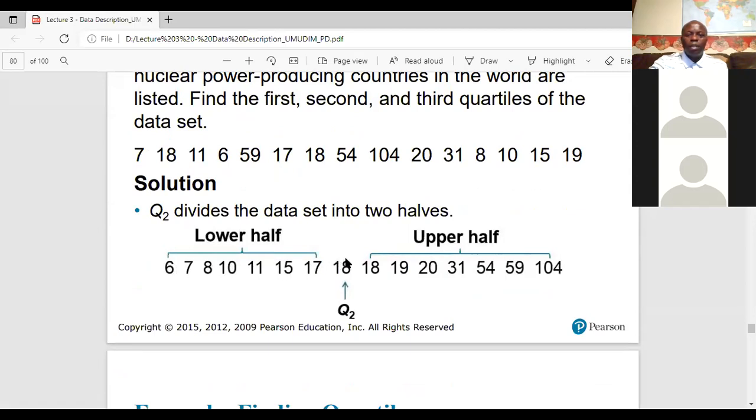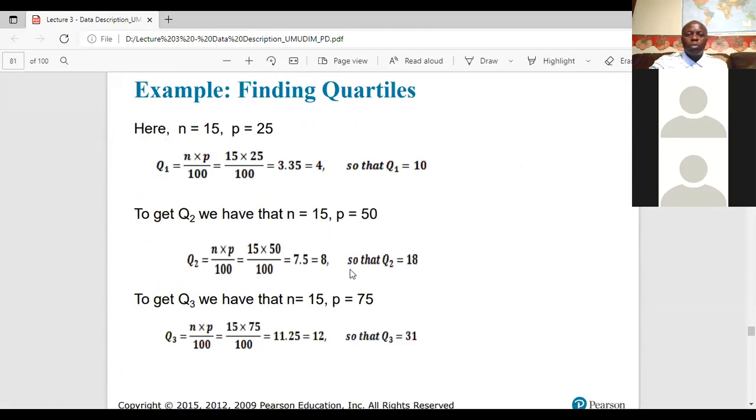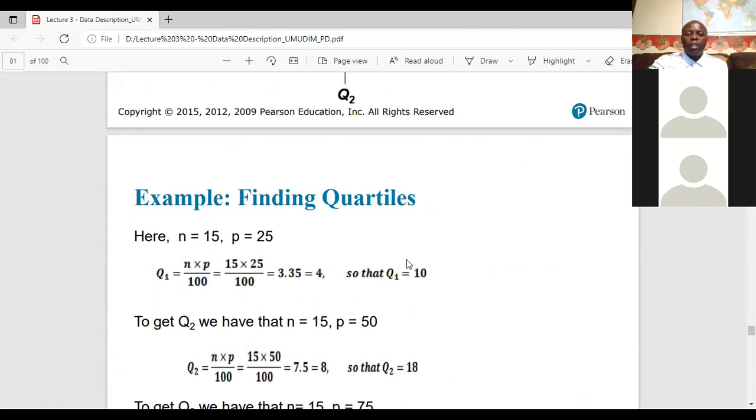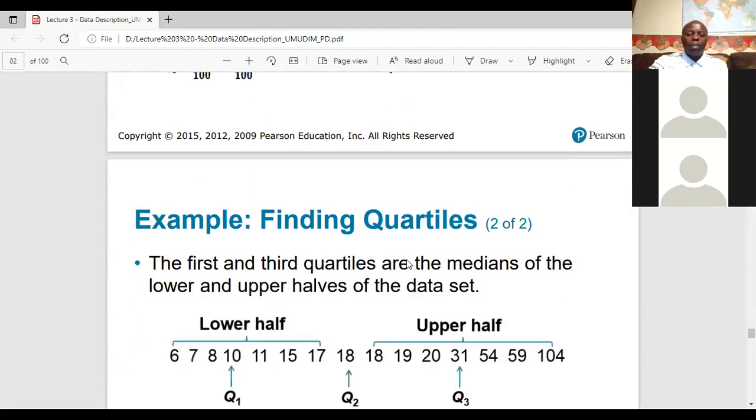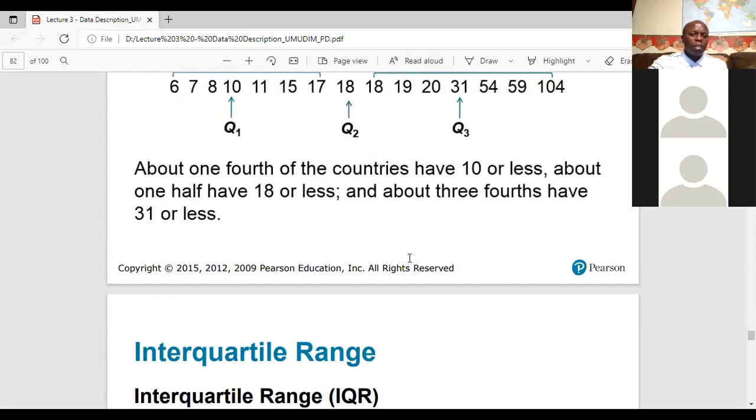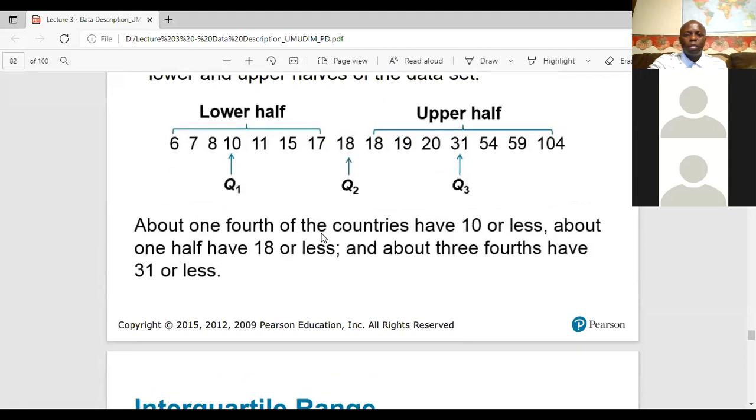This is the 8th number, and it's 18. So we say Q2 is 18, which means that about 1/2 of these countries have 18 or less nuclear power producing stations. Okay.